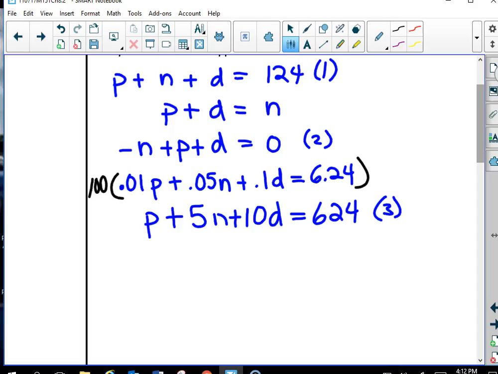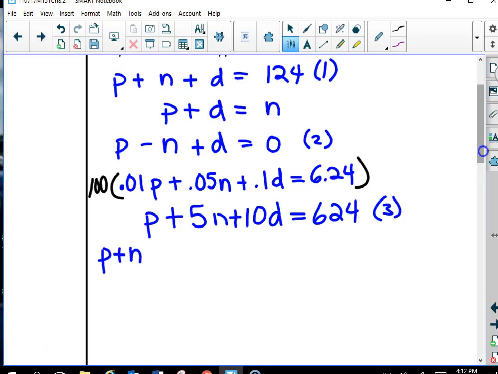Now let's look at equations 1, 2, and 3. It looks like I didn't write 1 in the right order. Let's get everything in the right order. So we subtracted N, so we get P minus N plus D. Okay. So if we put equations 1 and 2 together, we can eliminate N's, and then I can multiply equation 2 by 5 and put it together with 3 to also eliminate N. So let's do it that way.